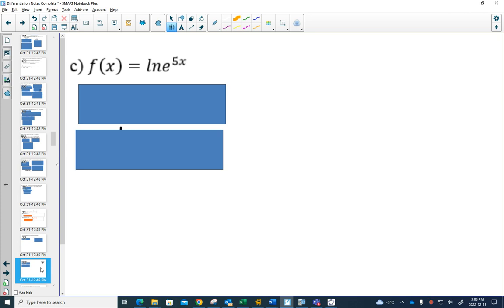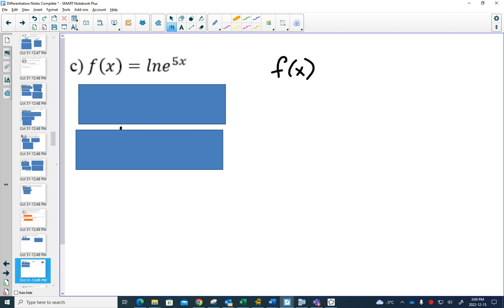We get to crazy things inside, yeah, that's all coming, don't worry. But at this moment, this is not in a form that you can take the derivative of. It's not a log by itself, and it's not an e to the x by itself. So we have to play around with this, rearrange it to see if we can get it into a form that we do know. What could I do with this function?